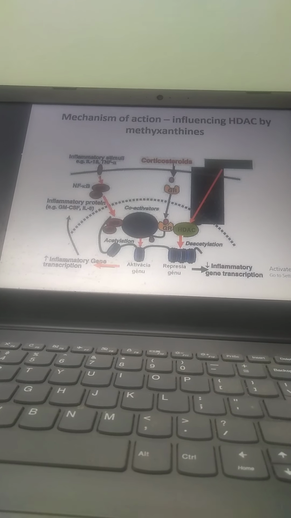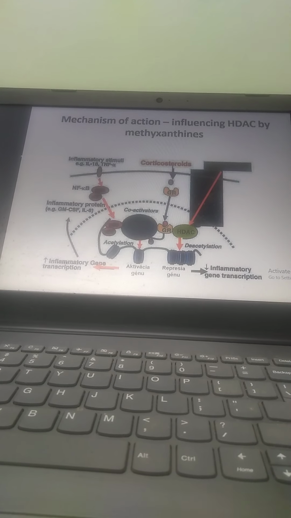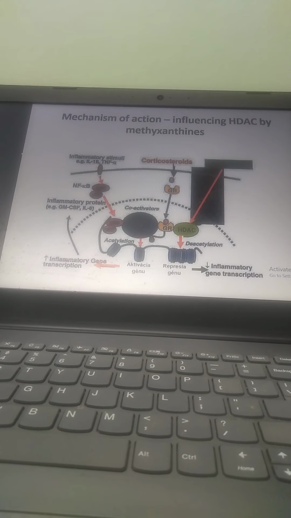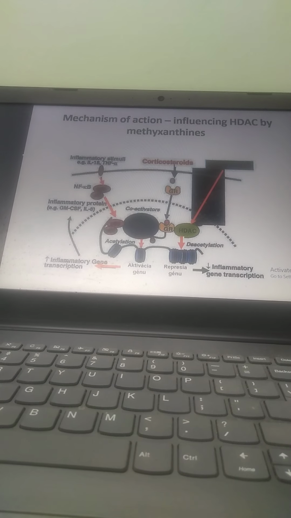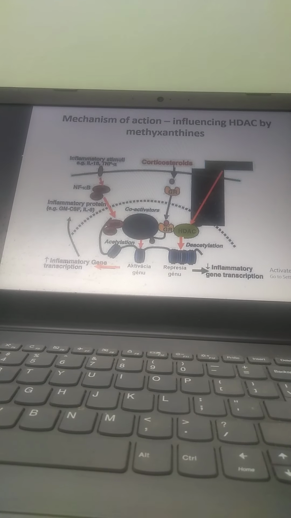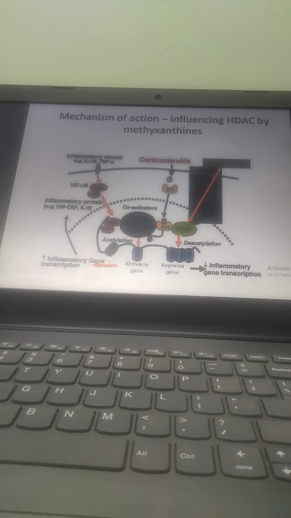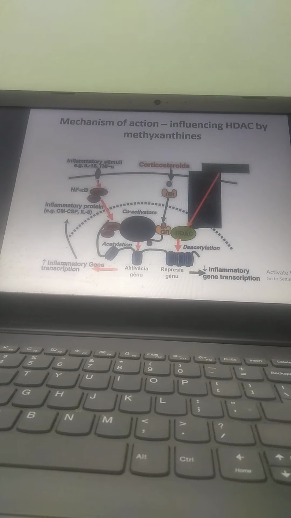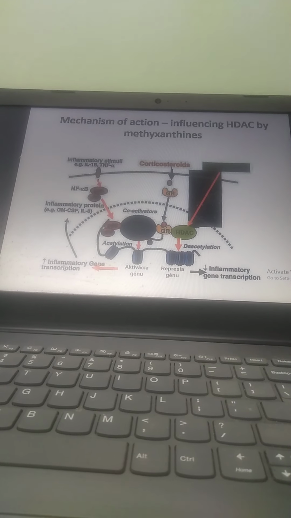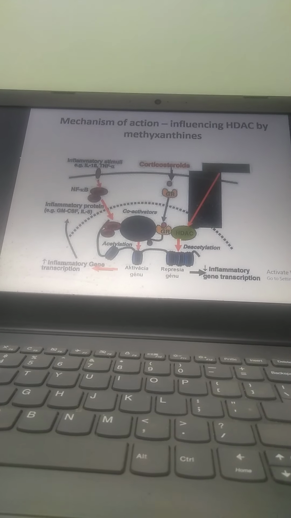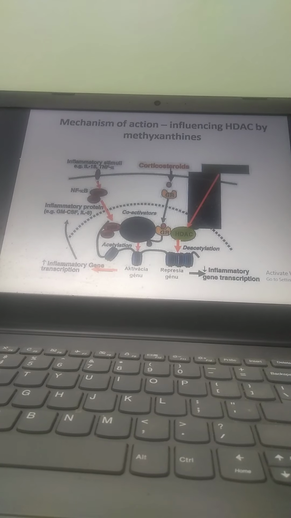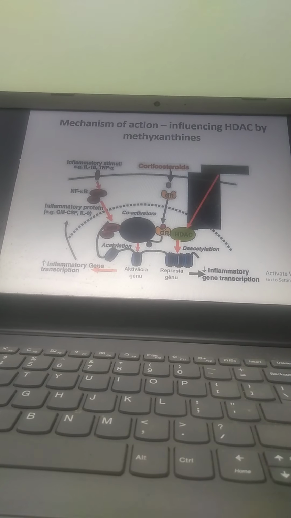GM-CSF is also an inflammatory protein. Once we give theophylline and corticosteroids, they act at the nuclear level and control the acetylation and deacetylation balance.